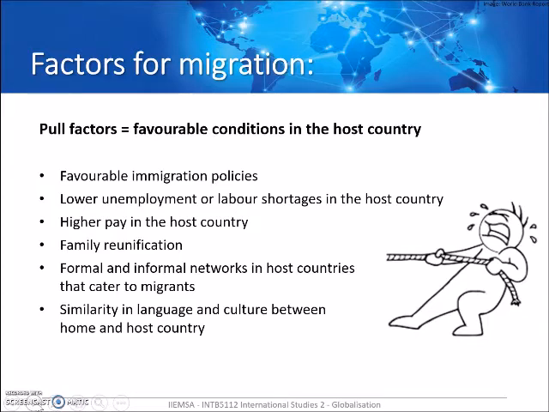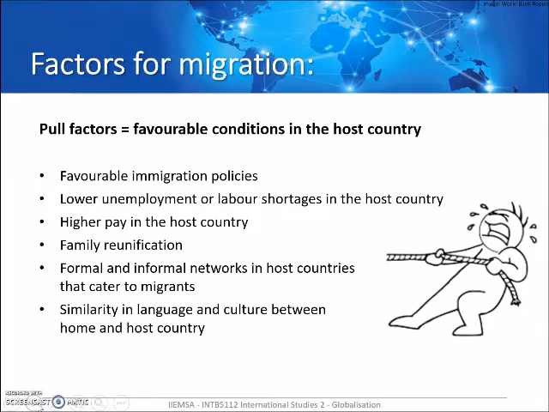This can be maybe a country has easier immigration policies than another one. Maybe there's lower unemployment or there are labor shortages in the host country, so you will move to that specific country. There might be higher pay. Your family might already be there, so moving to that country means you can reunite with your family.